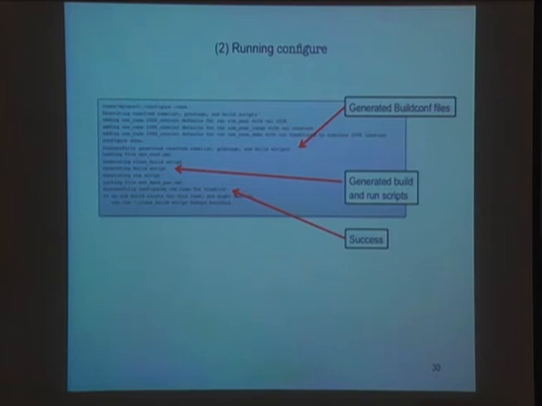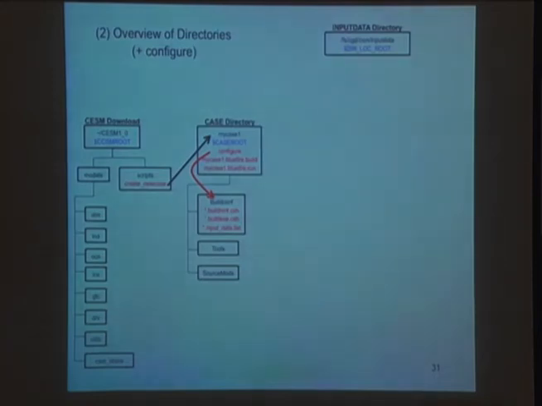It's going to lock down some choices and narrow the scope of things that can be changed. You're zeroing in on the exact simulation you're going to get. It's generating a build script and a run script. The build script is what you're going to use to actually compile the code, and the run script you submit to the batch queue. And it's making some other scripts and files that I'm going to go through in just a minute.